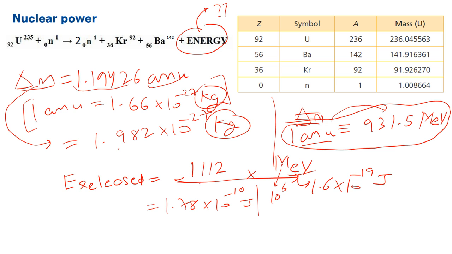Now, if we consider 1112 MeV, this is a high energy. If you consider any sort of fission reaction, the energy produced is pretty high. Basically, there is a uranium 235 nucleus being attacked by a neutron.